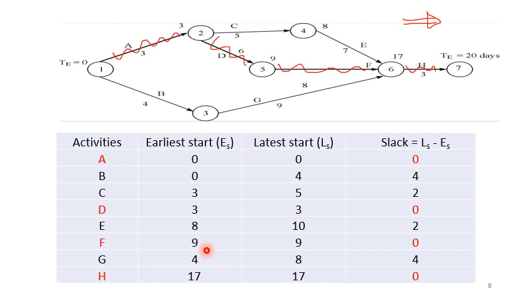So in the next session, or in the next video, we will be discussing a similar problem where a dummy is involved. A dummy is an activity which is introduced into the network just to maintain the precedence relationships. Sometimes when you draw a network, certain specified conditions may not be logically represented.